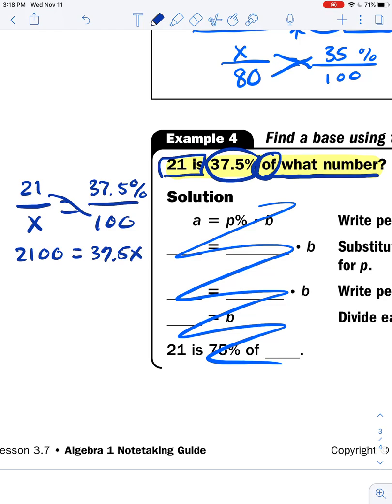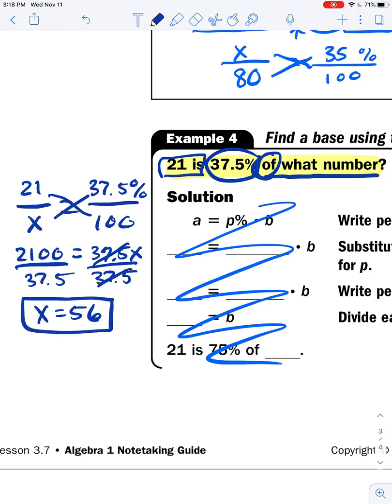21 times 100 is 2,100, and that's going to equal 37.5x on this cross product. Dividing out my 37.5, I'm going to have 2,100 divided by 37.5, and I'm going to get 56. And I don't put a percent because it wasn't asking a percent.